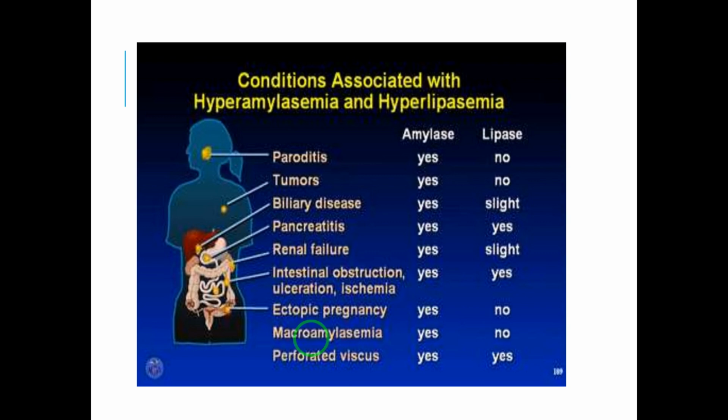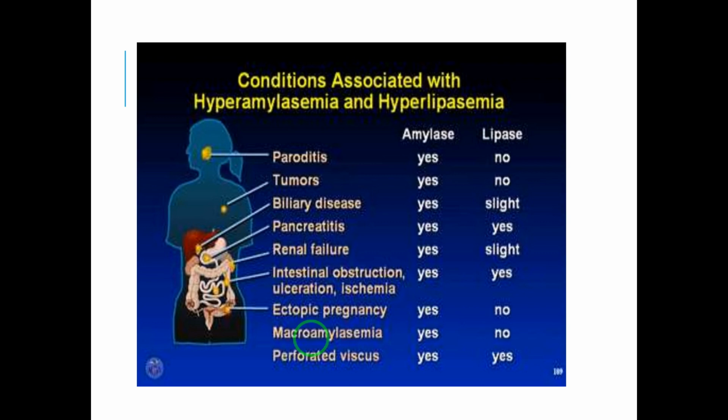Renal failure also will lead to an increase by retention and not a real increase. Intestinal obstruction, intestinal ulceration, intestinal ischemia, and a perforated DU may also lead to an increase in the amylase. And in case of ectopic pregnancy, because the amylase is found in the ovary, it may also lead to an increase in the amylase activity.